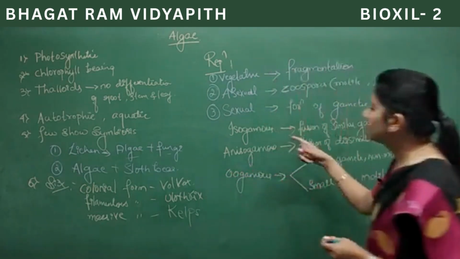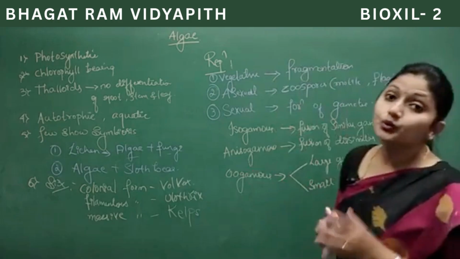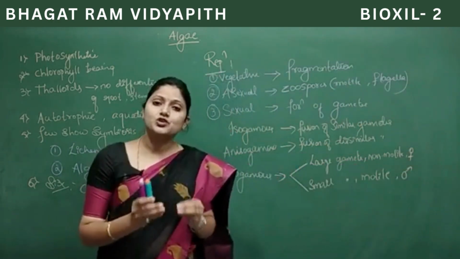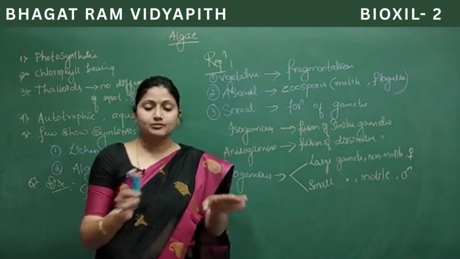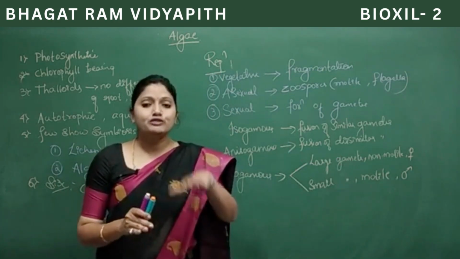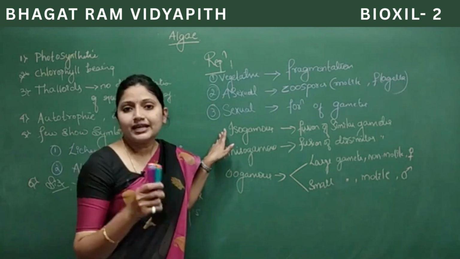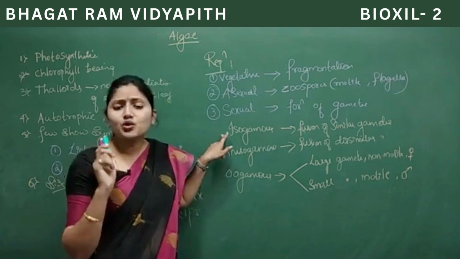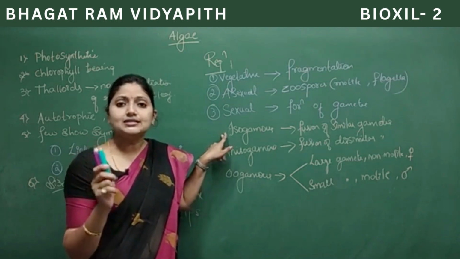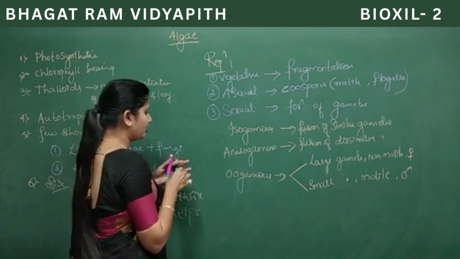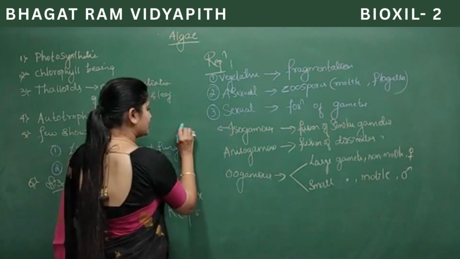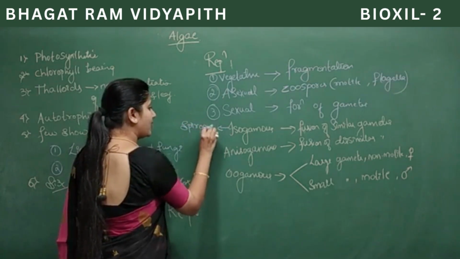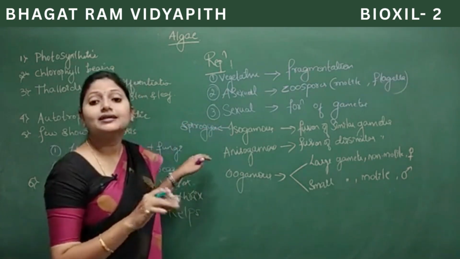So we have isogamous, anisogamous and oogamous modes of sexual reproduction based on the type of gametes participating in the fusion. We will quote one example for each. For the isogamous mode of reproduction, Spirogyra is the example.